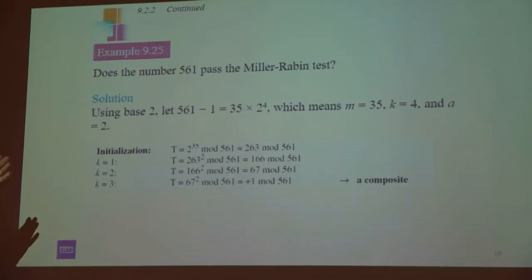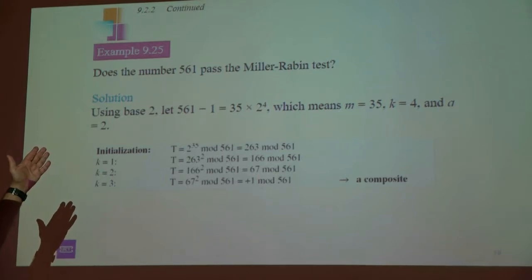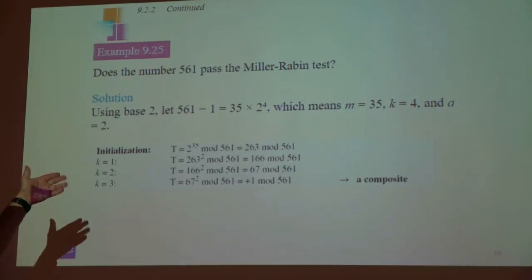Here n is 561, so n minus 1 equals 35 times 2 to the 4. So what is the value of k? 4.